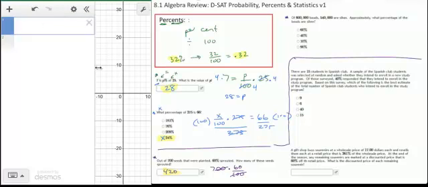Okay, and for the next question up here, what you're doing is taking the values they give you and finding what the decimal form of that is and then converting that into the percentage form.